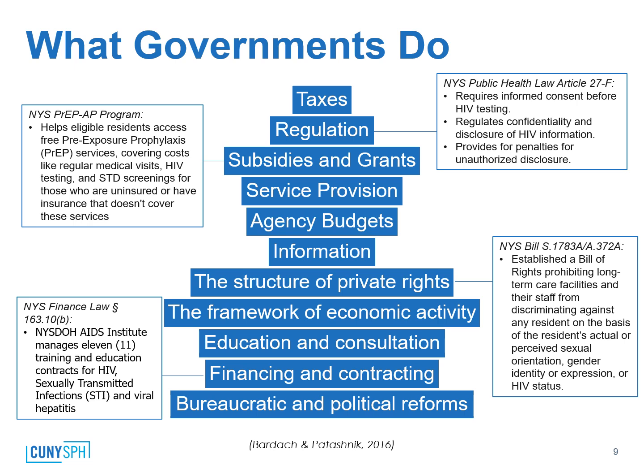This is a clear example of governments using regulation to protect public health and privacy. Under subsidies and grants, we might consider the New York State PrEP AP program, which helps eligible residents access free PrEP services and related screenings. It's a subsidy mechanism aimed at prevention and equity.